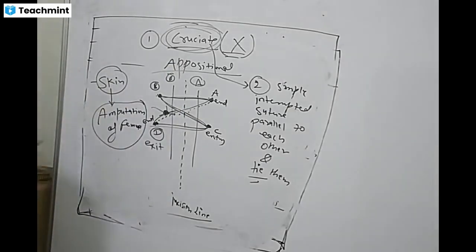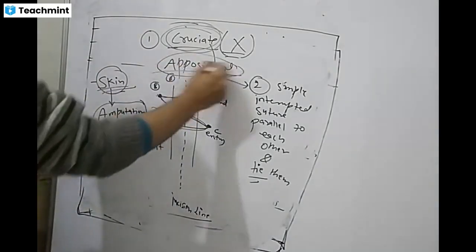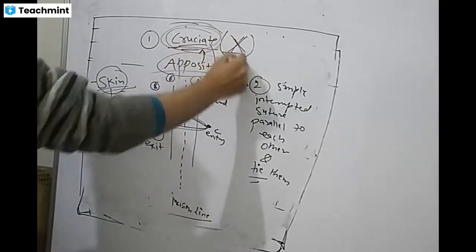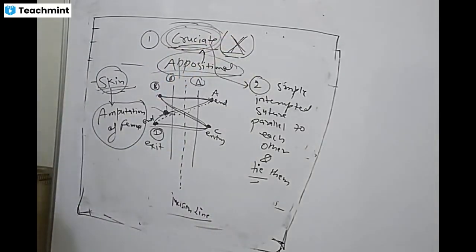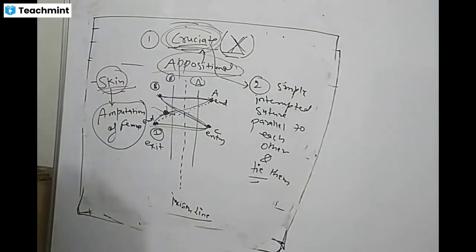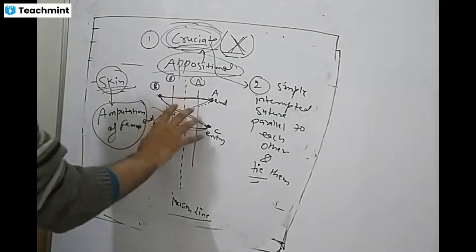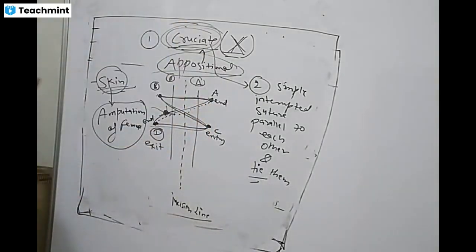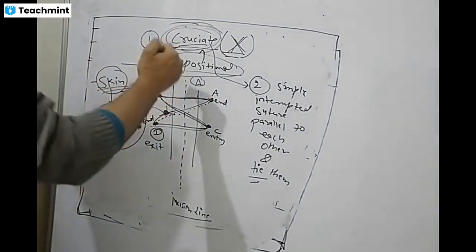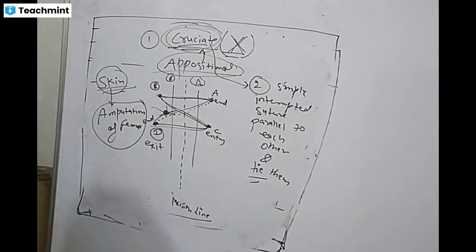The skin which is left after the amputation of the femur, at that skin we apply this oppositional type cruciate or cross matrix. The advantage of this cross matrix over the simple interrupted pattern is strength; it is stronger. And the second important thing is that the amount of suture material required in this cruciate is less than the simple interrupted.